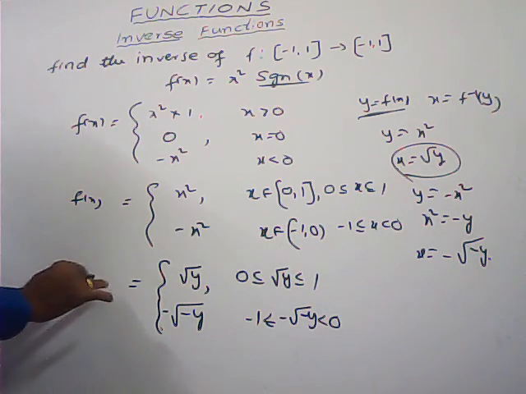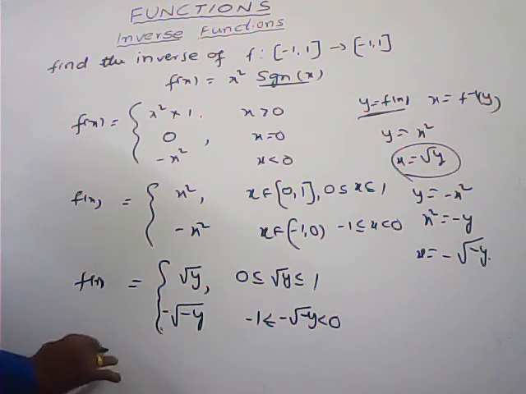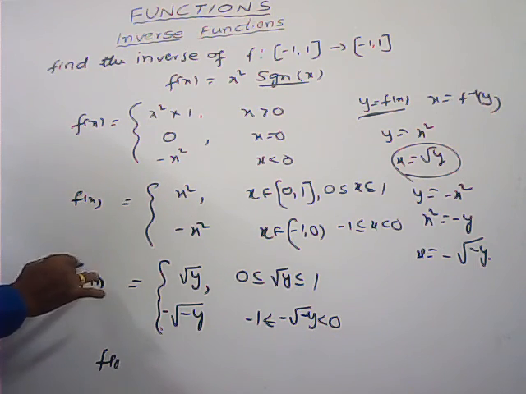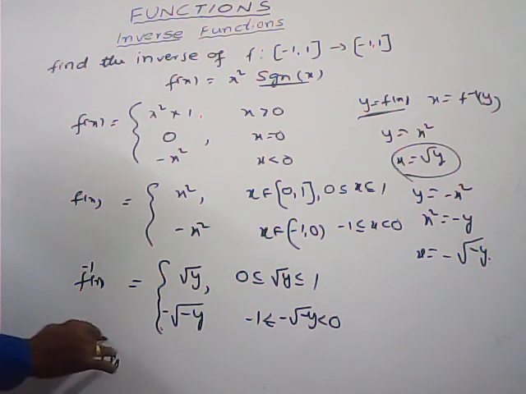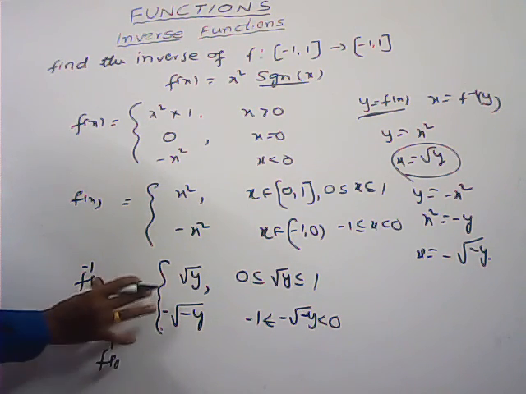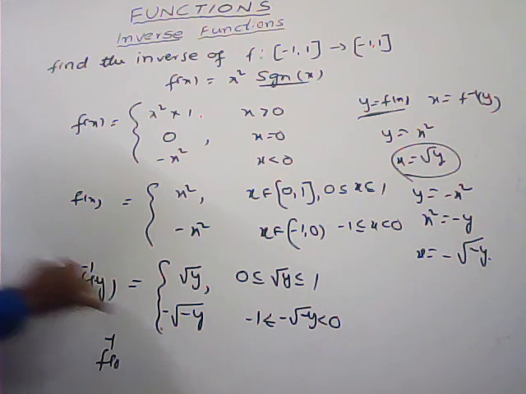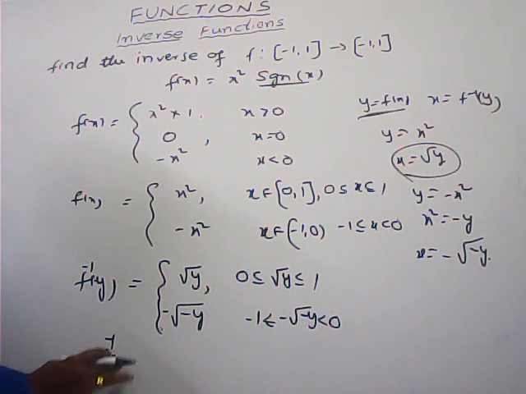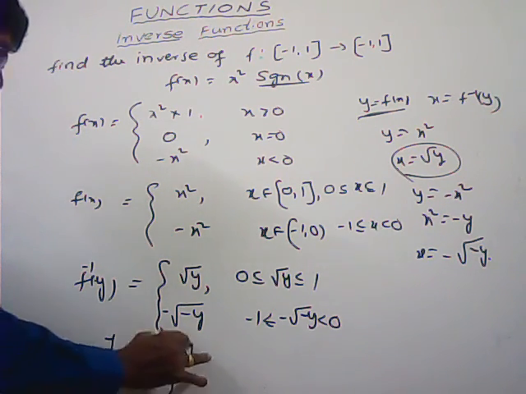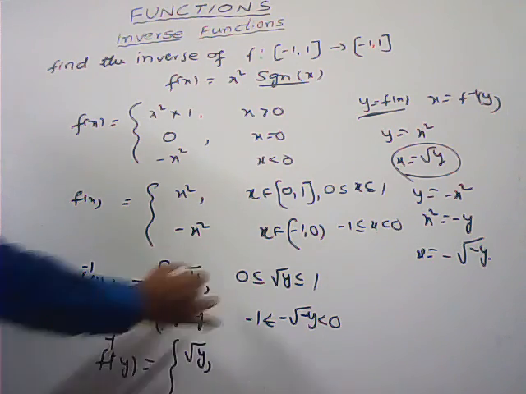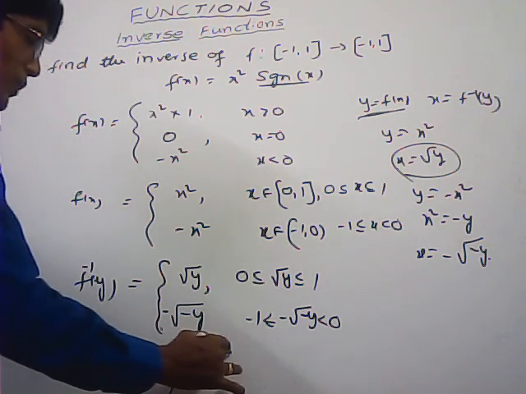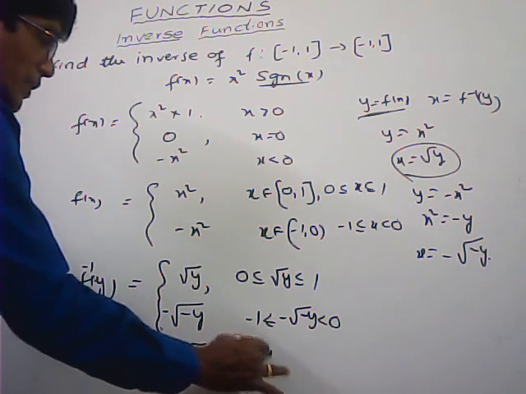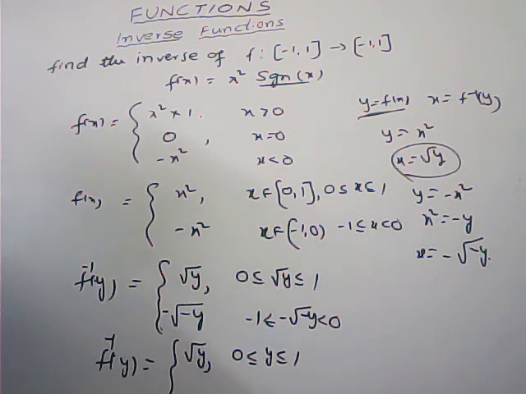So this is f of x. Now this is f inverse of y. Now here I am writing f inverse of y equals root y. By squaring on both sides, all are positive only, 0 is less than or equal to y is less than or equal to 1.